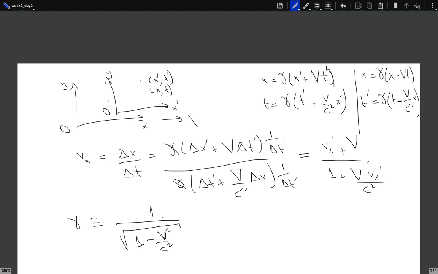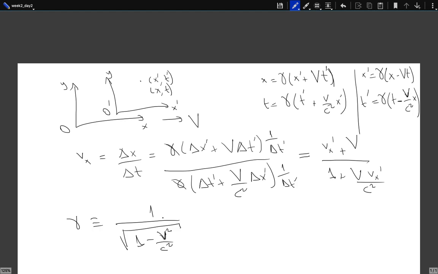Well, the thing that you should keep in mind is that this is the x component of the speed measured in one reference frame, without the primes. With the primes, it's the x component of the velocity measured by the other reference frame, whatever the other reference frame is. This v is the velocity of the other reference frame relative to the original reference frame, let's say.